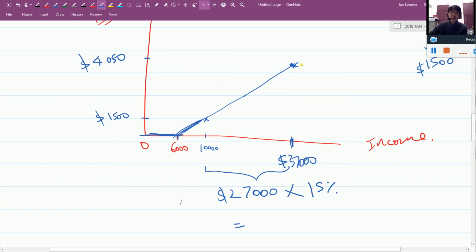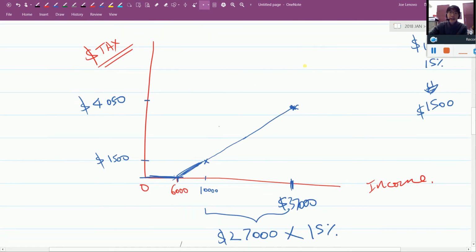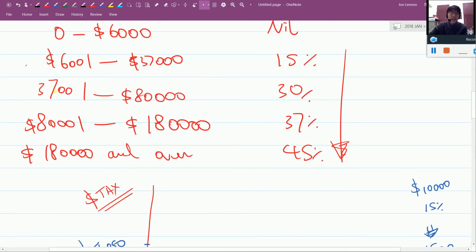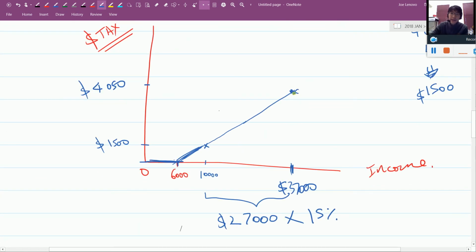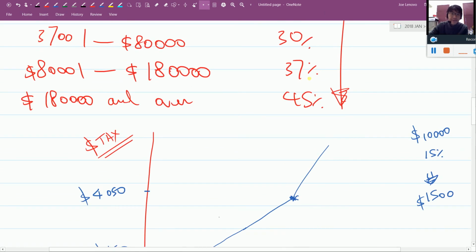If you earn over $37,000, the next rate up would be 30%. So 15% is that slope, and 30% would be double, like this. And you can project on and on about the whole graph.